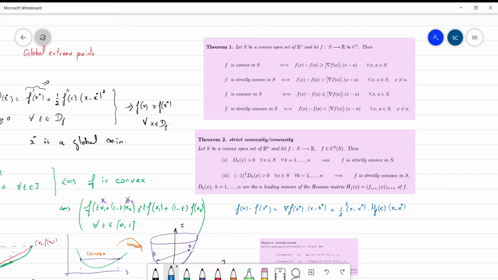Remember, this is what we did. So when you have a critical point, you have 0 here. But now we needed the positivity of the Hessian.